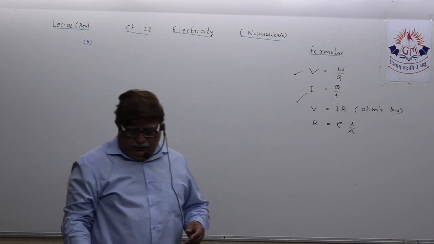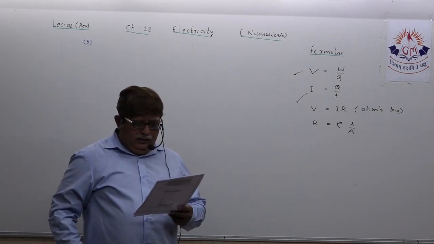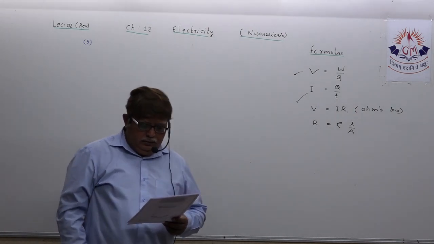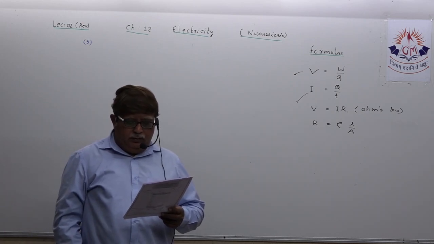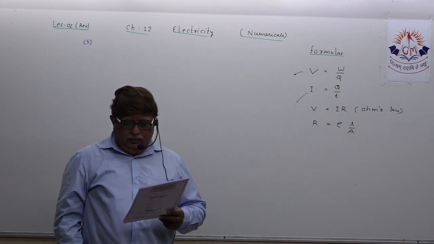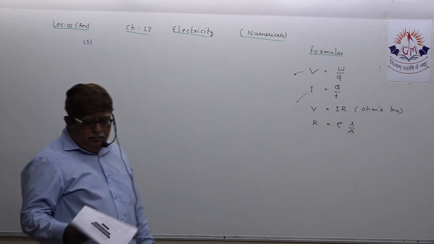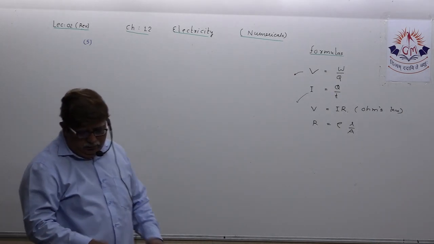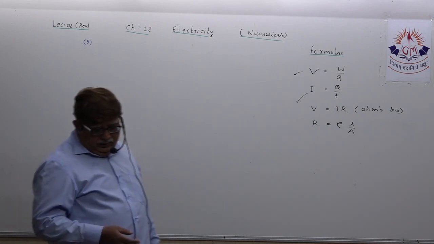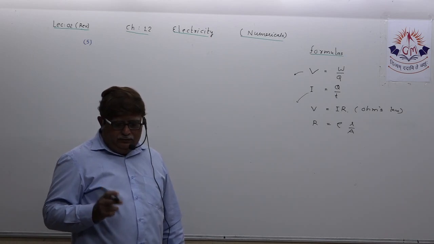If an electric bulb burns on 0.5 ampere current for 1 hour, how much electric charge will pass through the bulb? You have to solve the numerical with me.